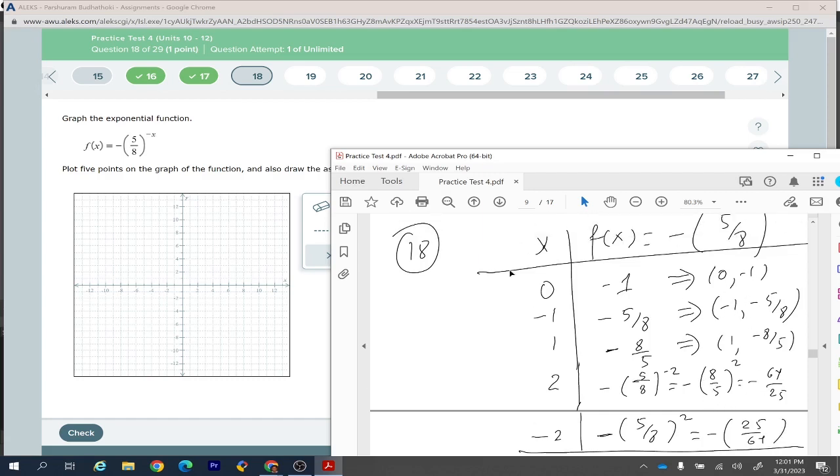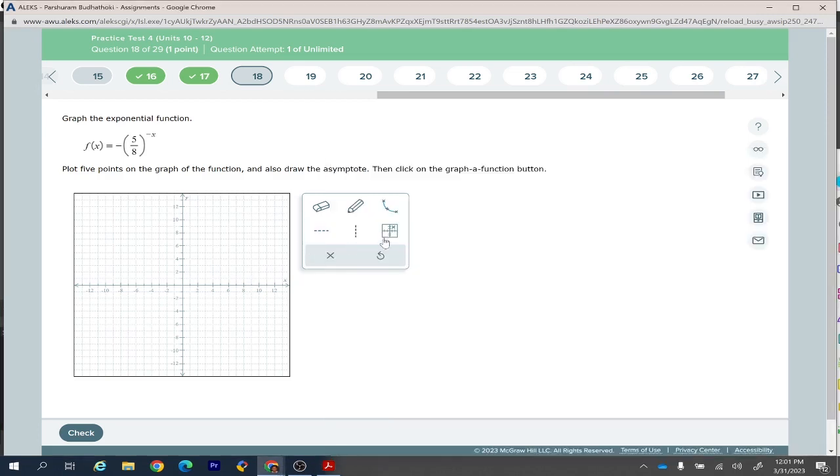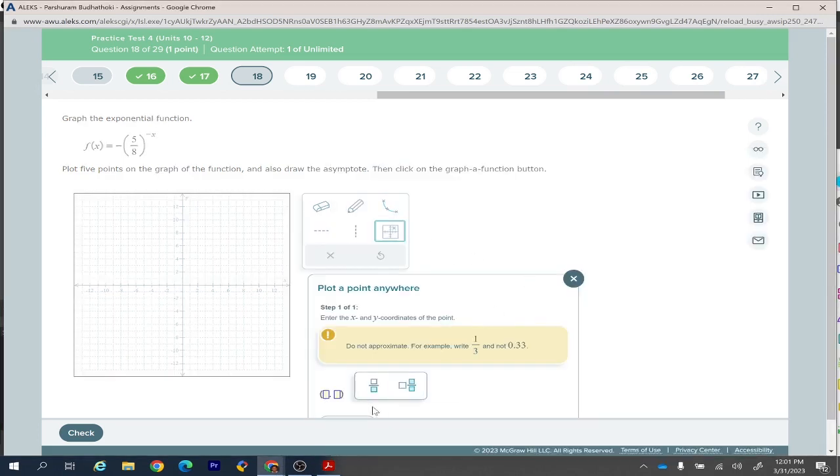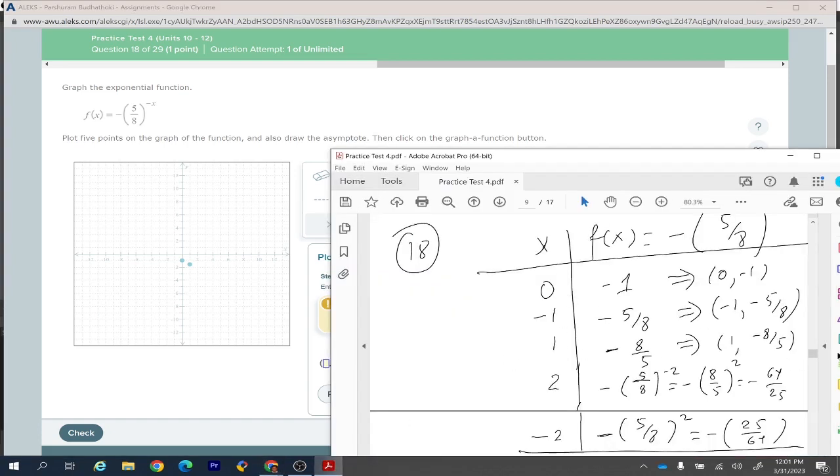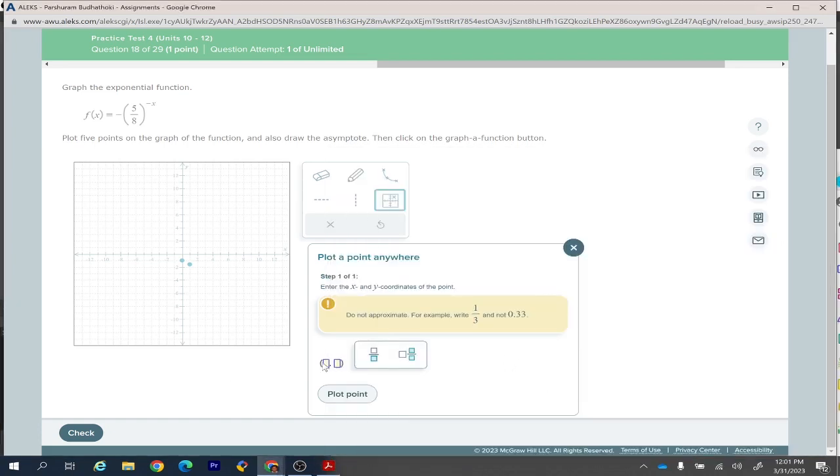So I'm going to plot these values. At 0 the value is -1. At 1 the value is -8 over 5. If you don't remember that, at -1 it's just a flip of that value, so it would be -5 over 8.